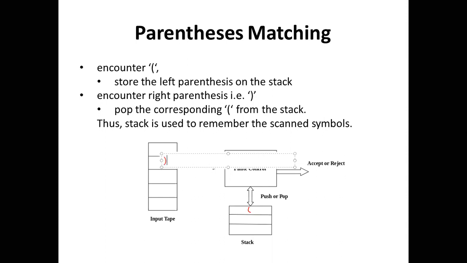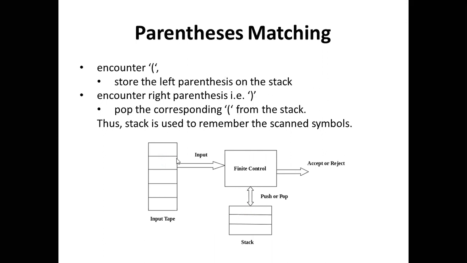Now when the right parenthesis is encountered by the finite control, it will be popped from the stack. So the number of left parentheses must match the number of right parentheses. Here we use additional memory, that is a stack, to remember the scanned symbols, that is left parenthesis and right parenthesis.